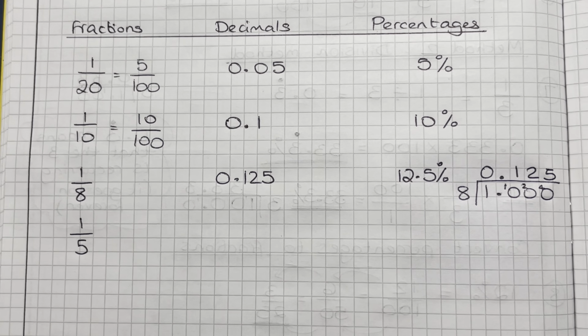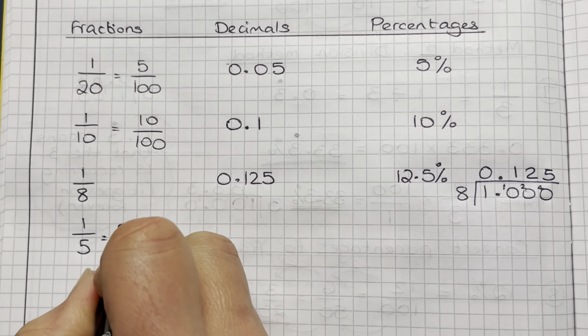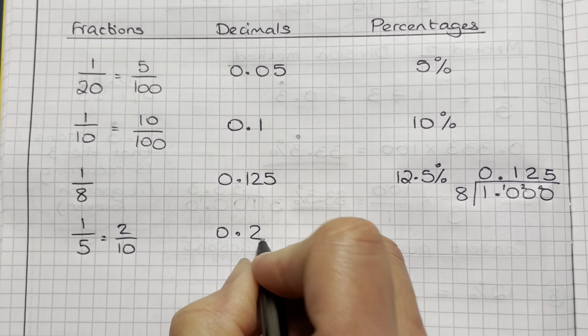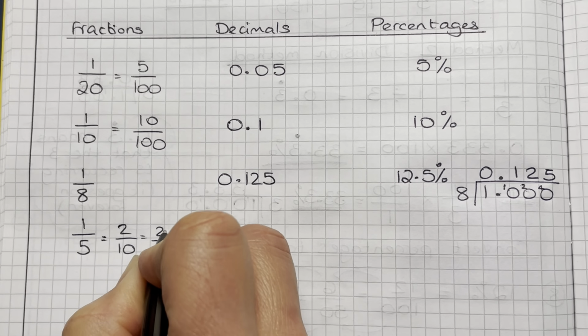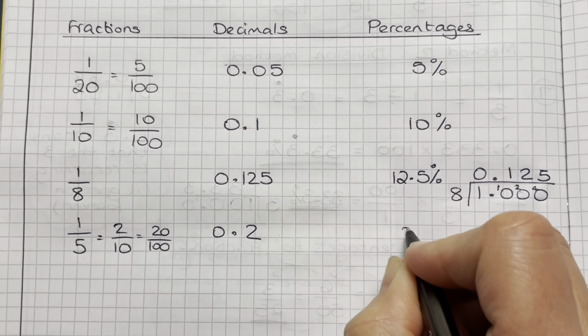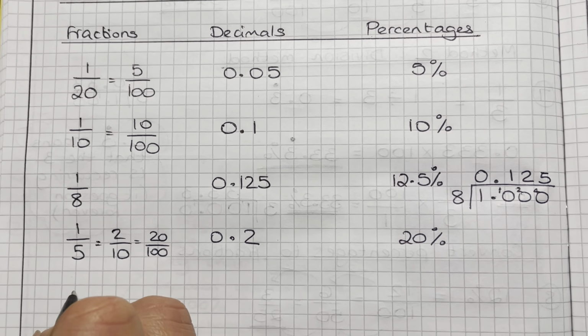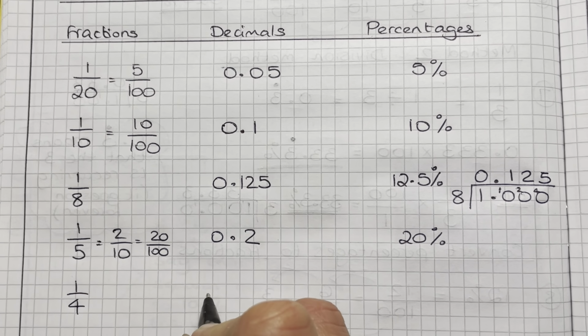If I look at 1/5 now, I can write that as 2 over 10. I've got the number 2 in the tenths column, that gives me my decimal, and 20 over 100 is going to give me my 20%. 1/4, we've already done that one, but I'll write it down for completion.